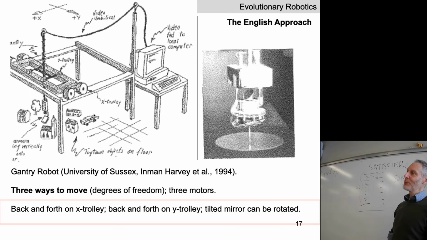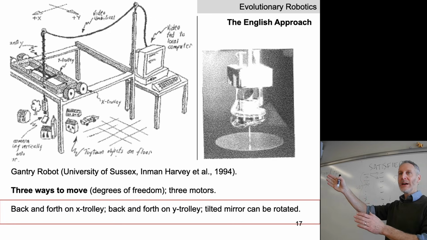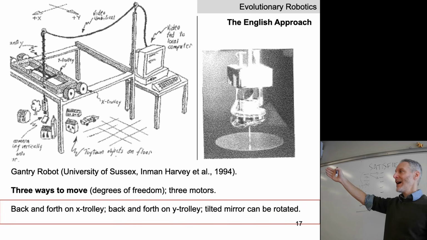What was the most painful part of the Italian approach? There was the sheer amount of time, but the manual setup. So here they had a little script, a few lines of code, that after every set of synaptic weights is executed for 10 or 15 seconds on the gantry robot, would take over and send commands to the X trolley and the Y trolley that would basically reverse the path, and the gantry robot would reset itself.